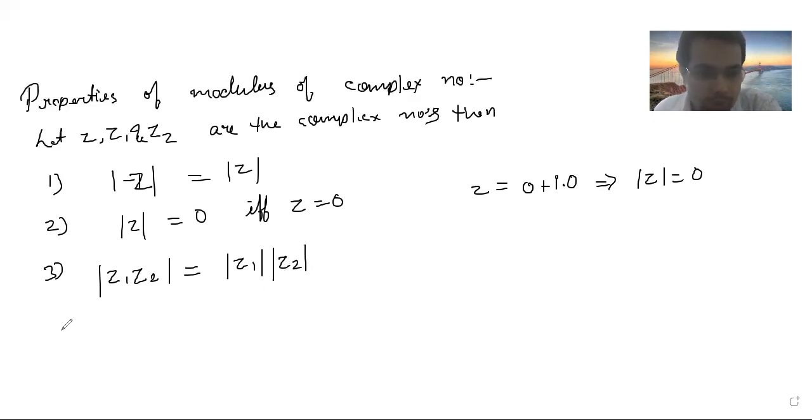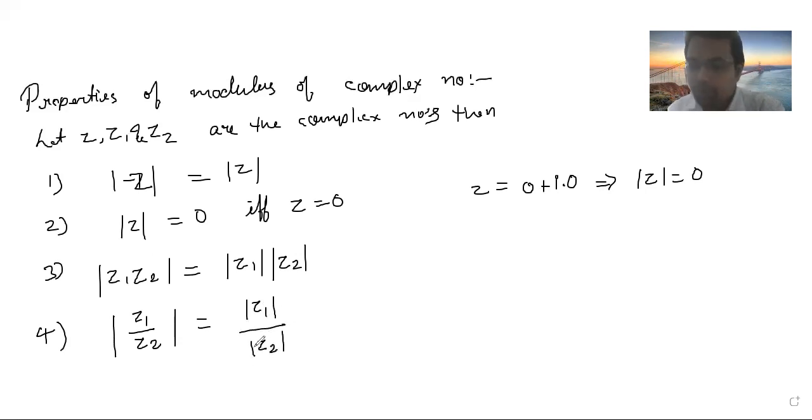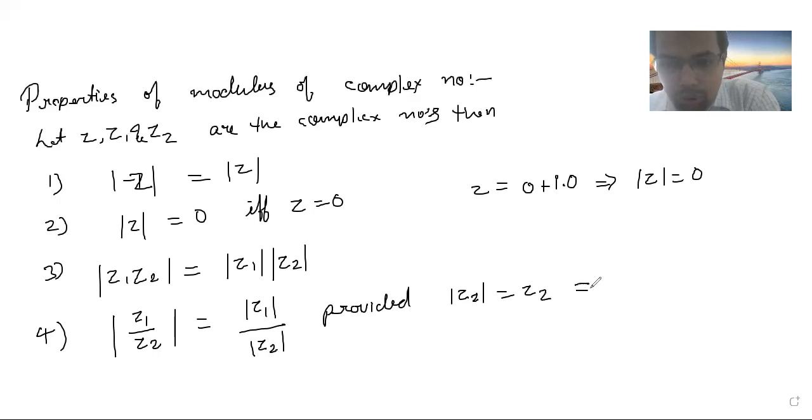And the fourth one is the quotient of two complex numbers, which will be mod of z1 by mod of z2, provided mod of z2 should not be 0. Because if it is 0, then it will be undefined, because anything divided by 0 is undefined.